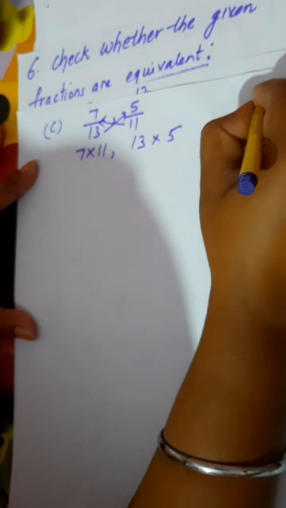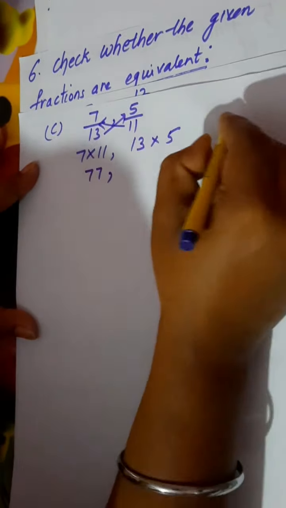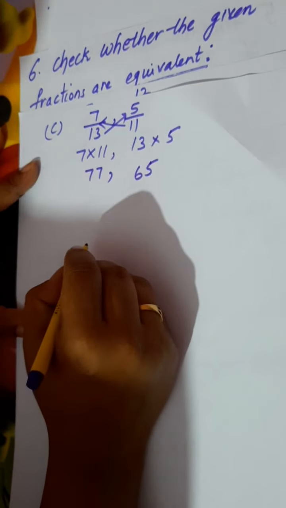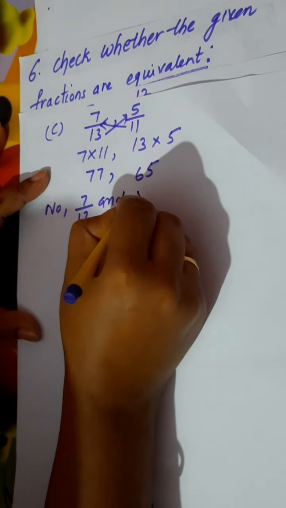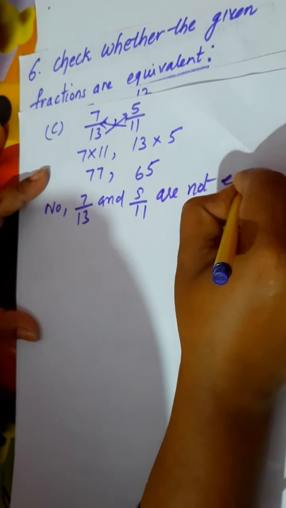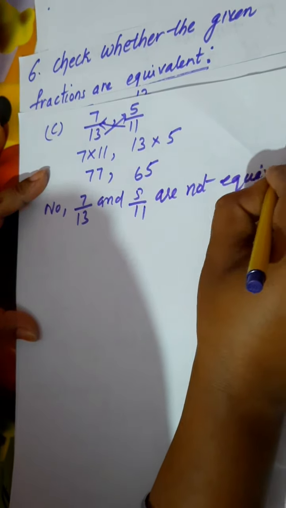If you multiply 7 by 11, you will get 77. If you multiply 13 by 5, you will get 65. So here both are not equal, so I will write no, 7 upon 13 and 5 upon 11 are not equivalent.